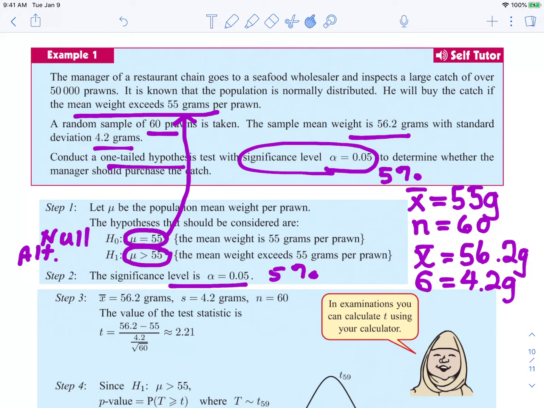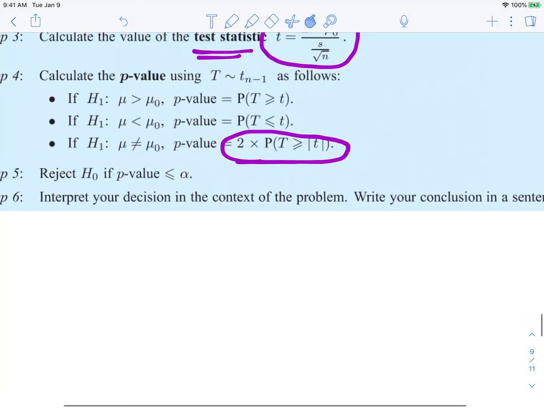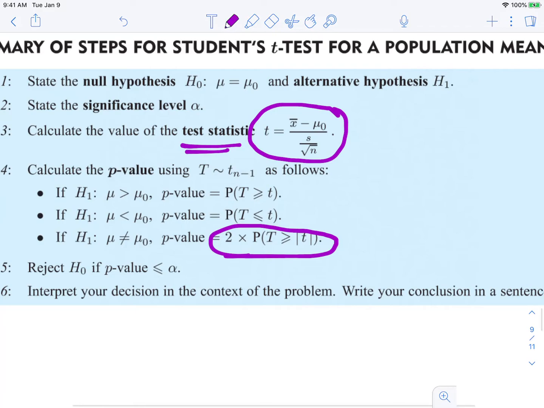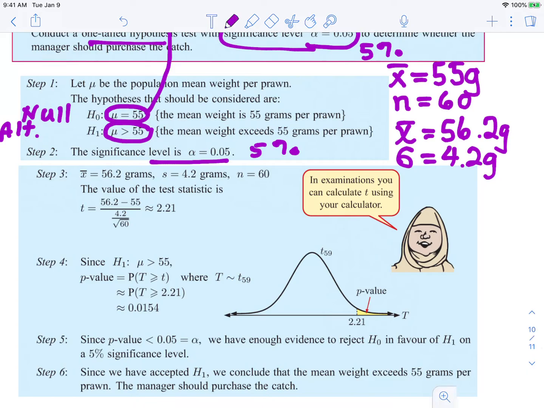Step 3, you're going to use your formula up above, here in the purple. What do we put in? The mean. Actually, we'll just go through it down below here so it's easier to see. So in that t-test, we have your mean of the sample.